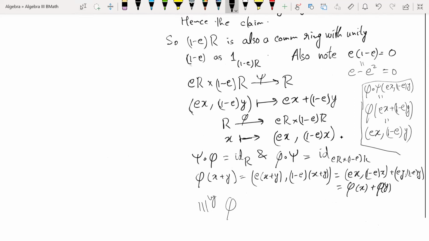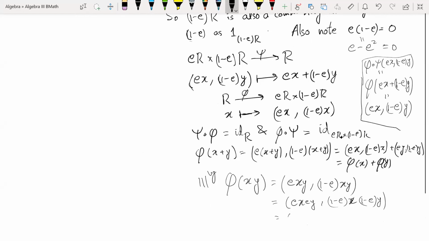And similarly multiplication. Similarly, phi of xy: what is phi of xy? It's E times xy comma 1 minus E times xy, but E square is the same as E. So what we can do is write it as EX EY, because E square is the same as E, times 1 minus EX, 1 minus EY, because 1 minus E is also idempotent.